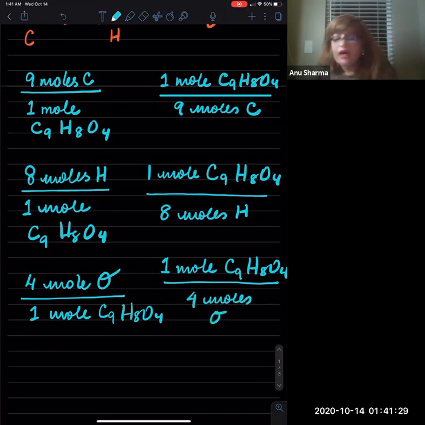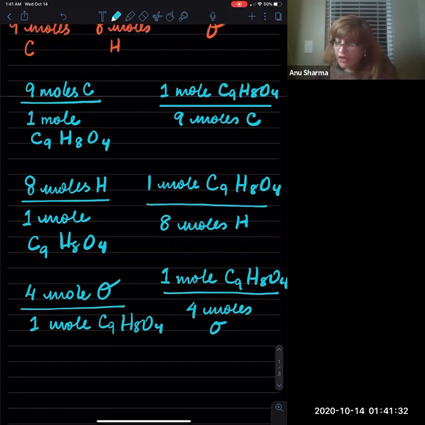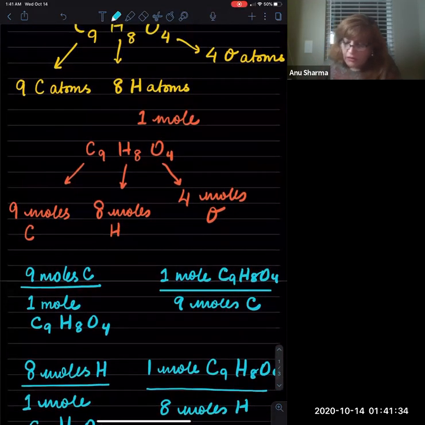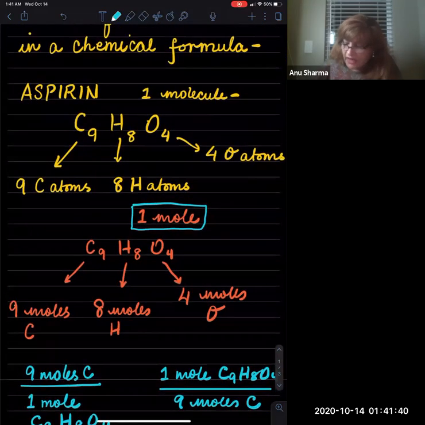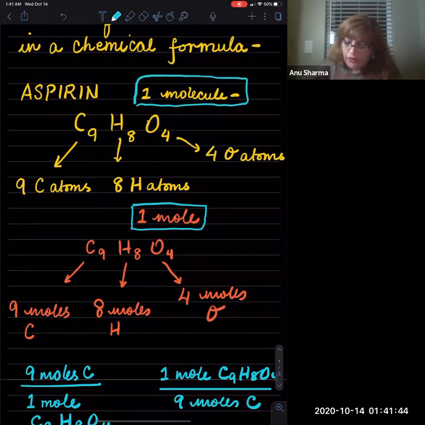Okay, so these are the different conversion factors coming from the same molecule, or 1 mole of aspirin, which is C9H8O4. So it depends what the terminology is, what is the language?